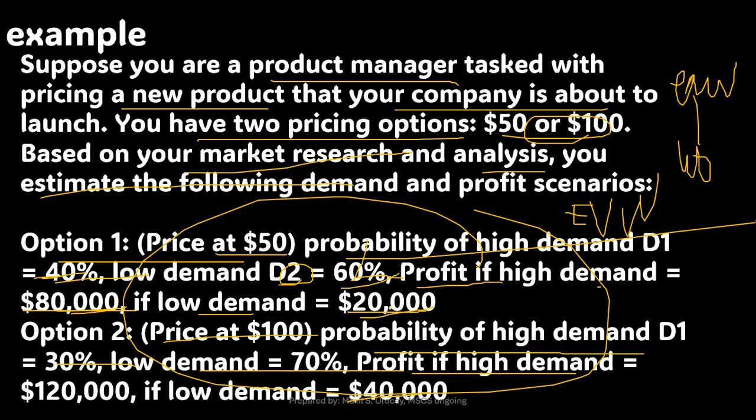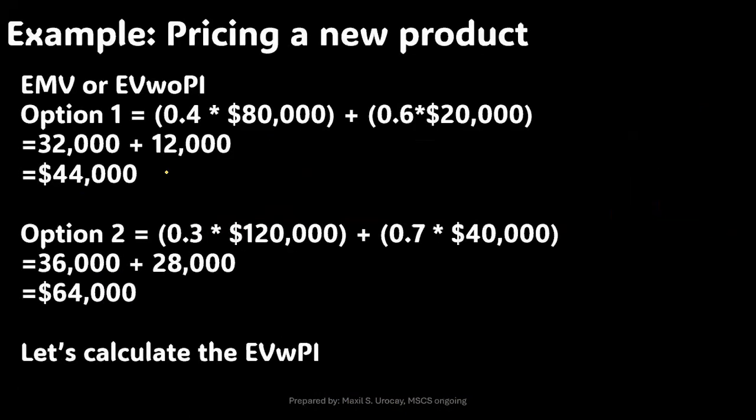You have to multiply and add them for the expected value without perfect information. Then for option two, that is 30% if high times 120,000, then 70% times 40,000. Let's take that one by one.